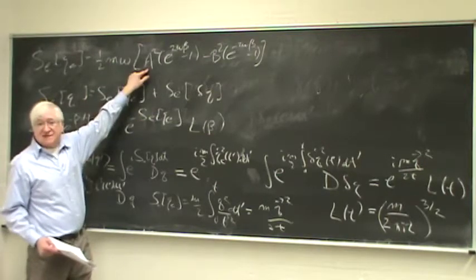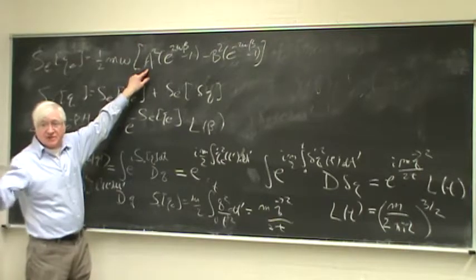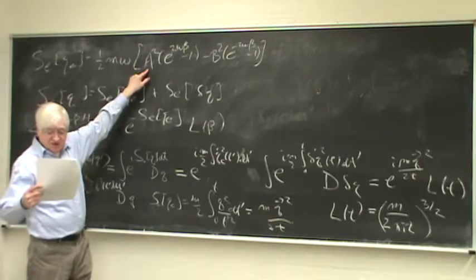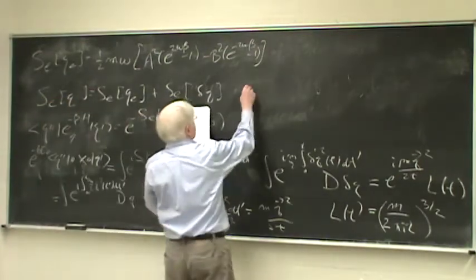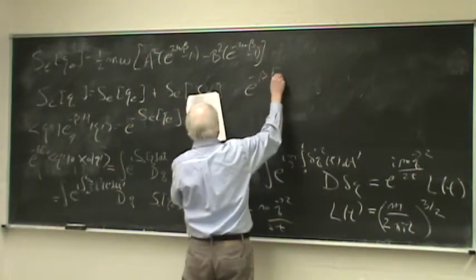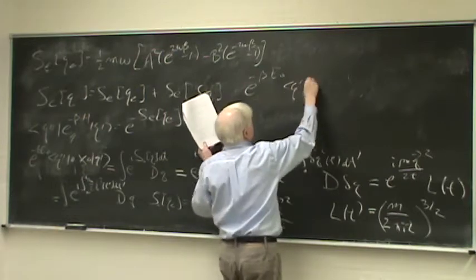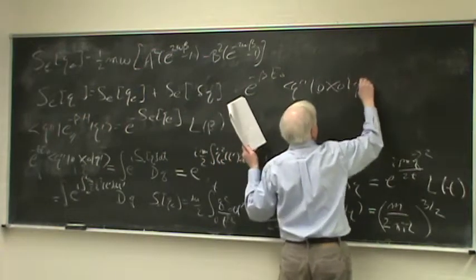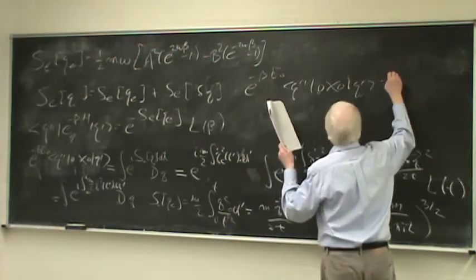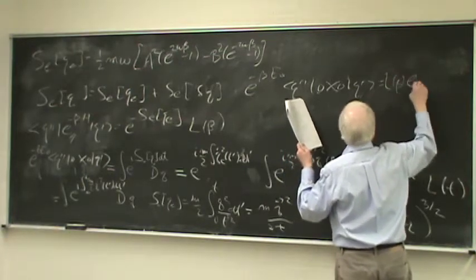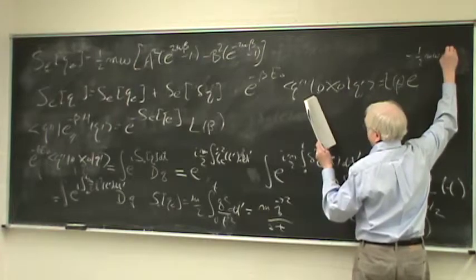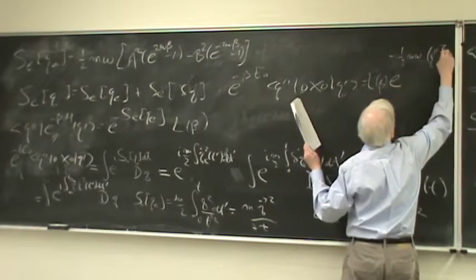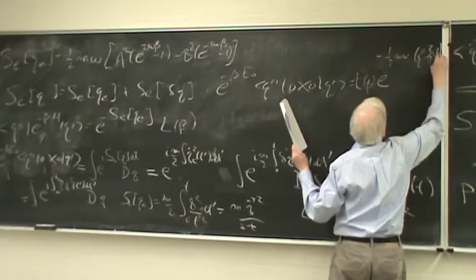And so the A and B depend upon Q prime and Q double prime. You substitute in there, what you find is e to the minus beta E0, Q double prime 0, 0 Q prime equals L of beta e to the minus a half m omega times Q double prime squared plus Q prime squared.